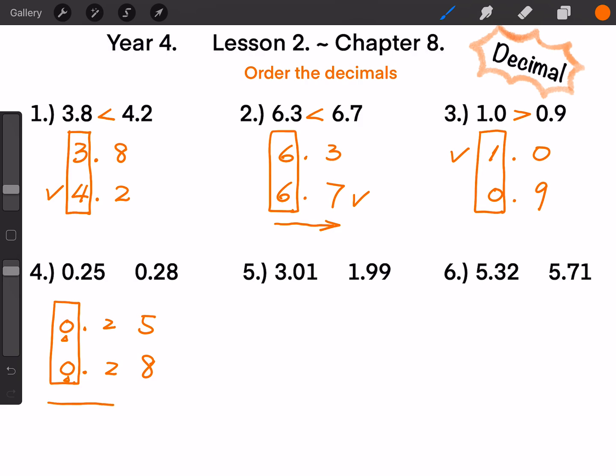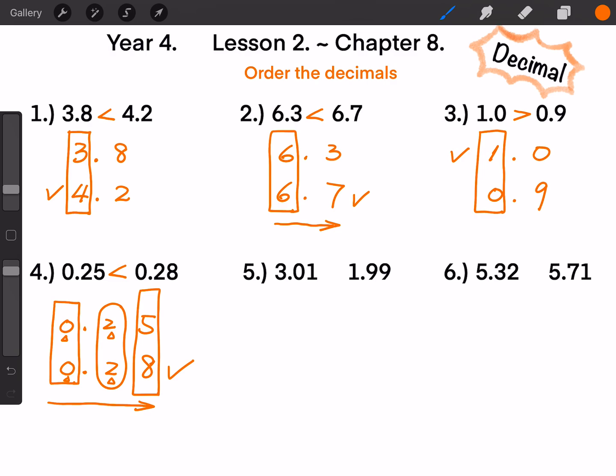Then we move towards the right. On the tenths position, still the same, 2 and 2. Now we come down to the hundredths position. This time, 5 is smaller than 8. So 0.25 is smaller than 0.28.